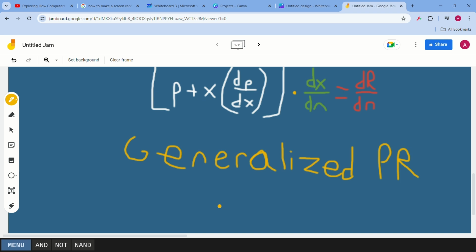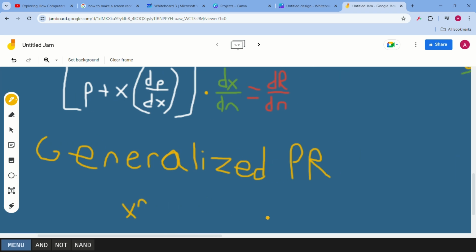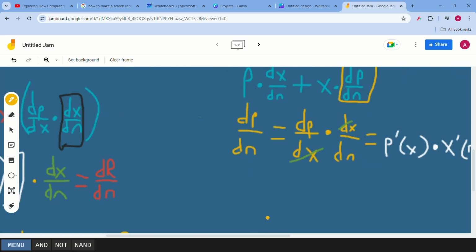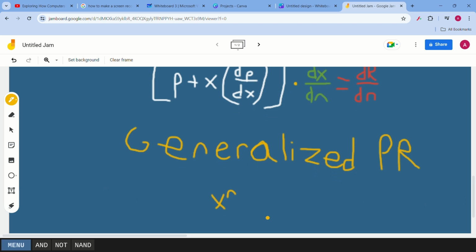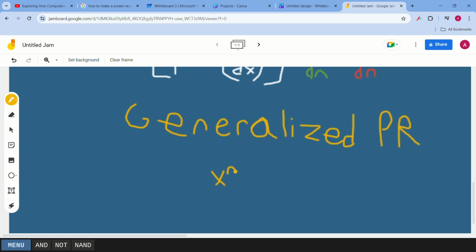So, let's say we have x to the power of n, not canonically like in here, but we have x to the power of n, right? Say this is y.